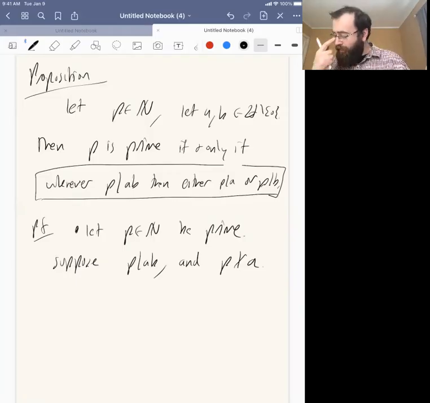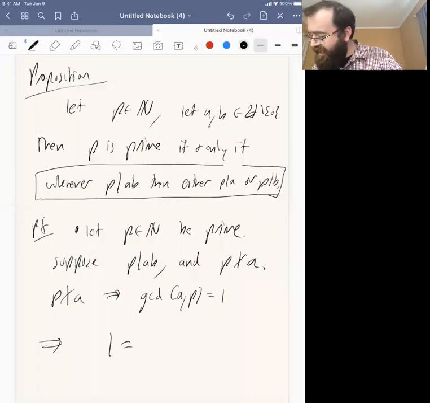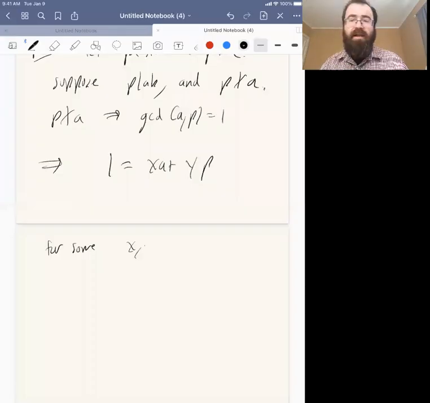Okay, but what do you know about GCD? We know that it's constructed as an integral linear combination of the two things, right? So GCD(A, P) is 1 implies that 1 is equal to, let's call it, XA plus YP for some integers X and Y. I don't know what they are, but they exist by the theorem I proved before, proving that the GCD exists.